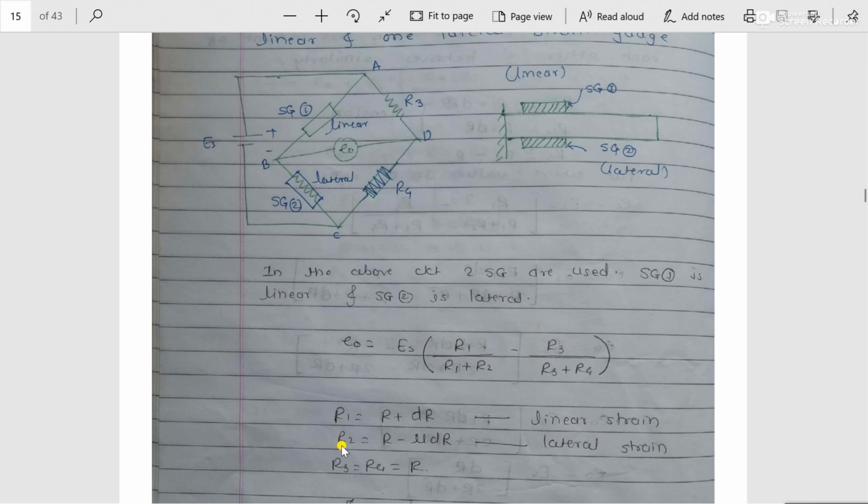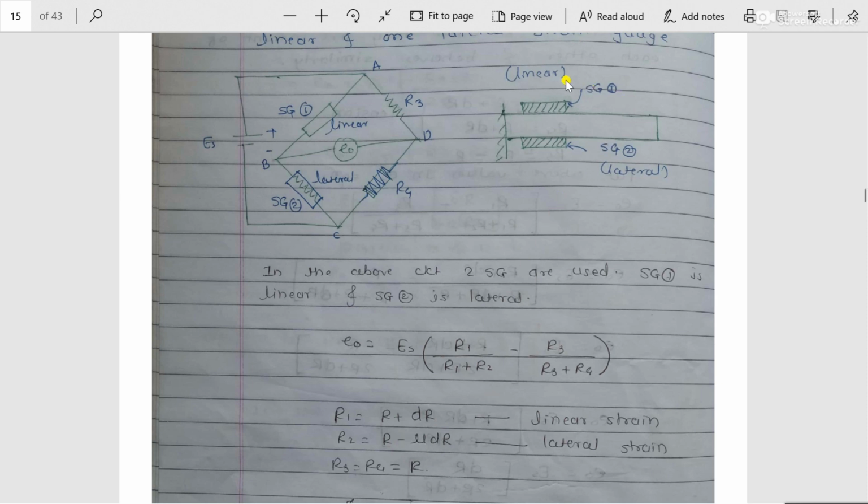Then I have to calculate the value of R2. The value of R2 is equal to R. Once again, this capital R represents the resistance of the strain gauge before application of load. Then this mu into delta R, in that this delta R represents the change in resistance after the application of load, and this negative sign represents that compression of the strain gauge is taking place.